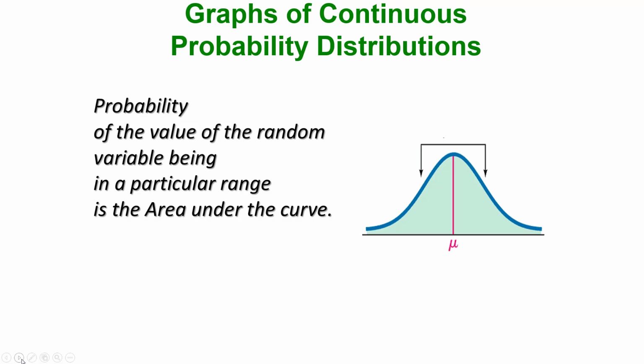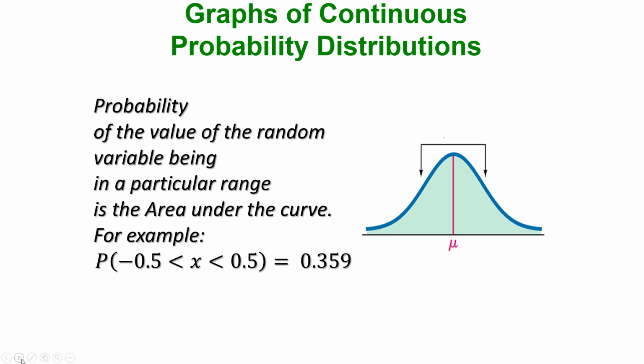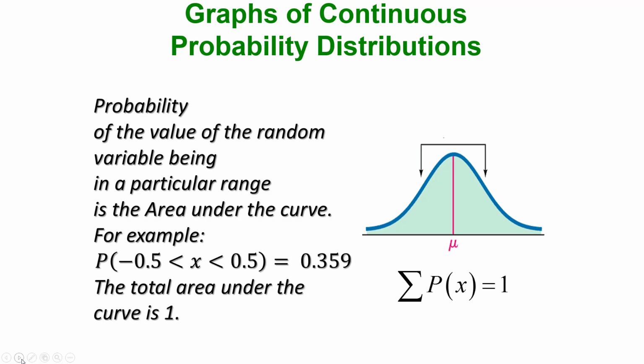For example, let's say on this number line, I don't know what it represents, but let's say right here this is the value negative 0.5 and this is the value 0.5. What this is saying is that you look at the area under this drawing.